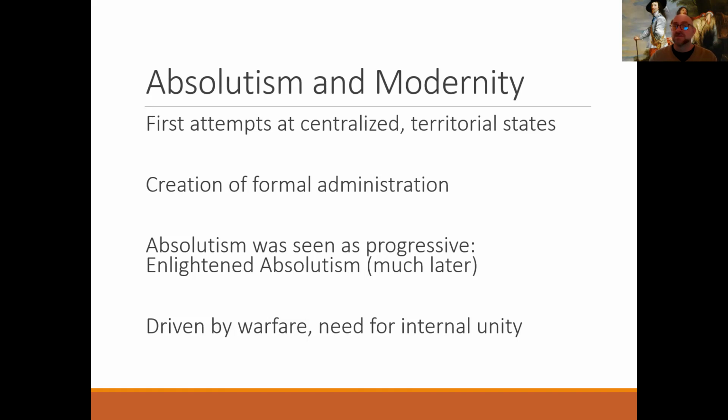By the early 18th century, the word administration, in French, is being used to refer to royal government. In England, the term government takes on its modern meaning in the 18th century as a central, consolidated, unitary government. We'll see this happens next time in the Revolution of 1688.